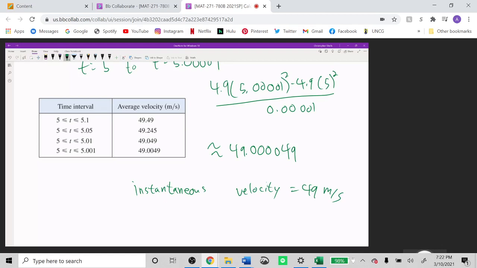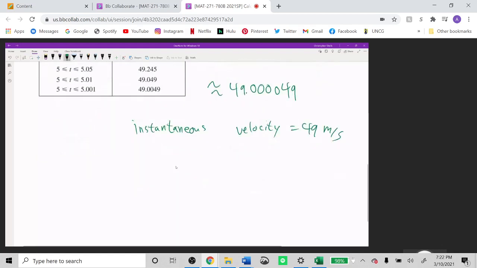These calculations seem to be oddly similar to something else that we looked at before. Do we recall the difference quotient?